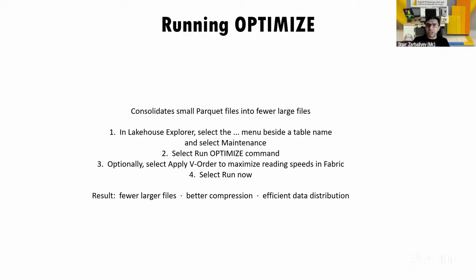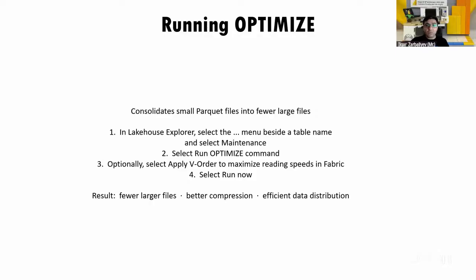The results are threefold. You end up with fewer, larger files. You get better compression because compression works more effectively over larger blocks of data. And you get more efficient data distribution across the worker nodes.